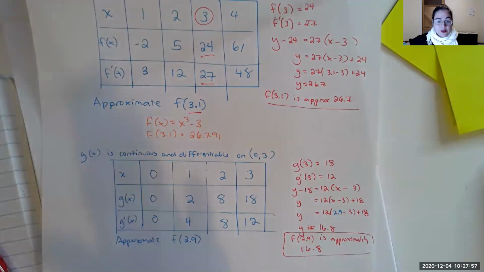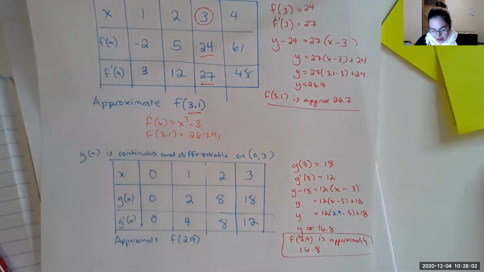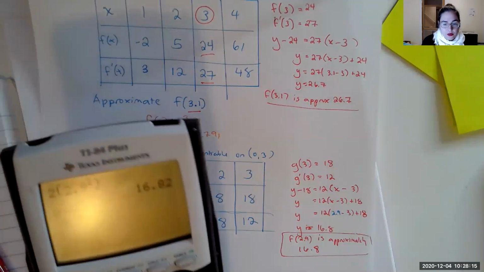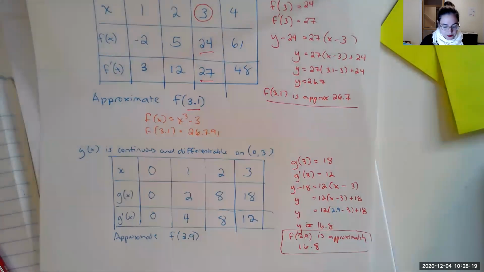And then what this function actually is, is 2x squared. So if we substitute 2.9 into the real function of 2x squared, what will we get? 2.9 squared times 2 would be 16.82. So again, it's pretty close.